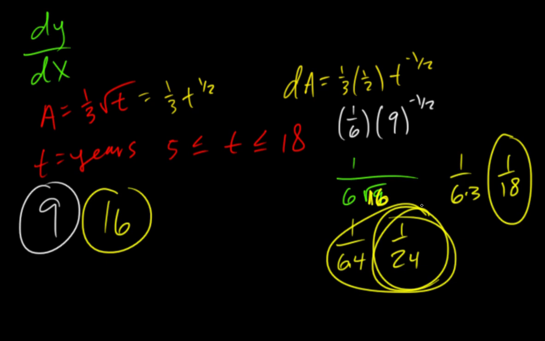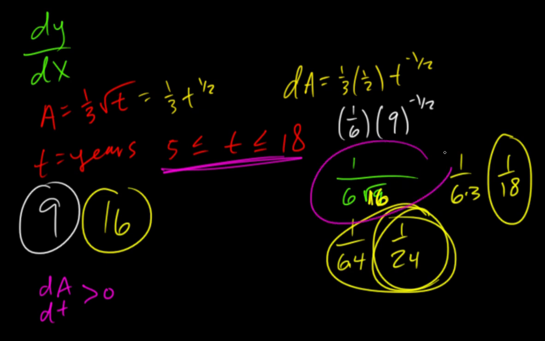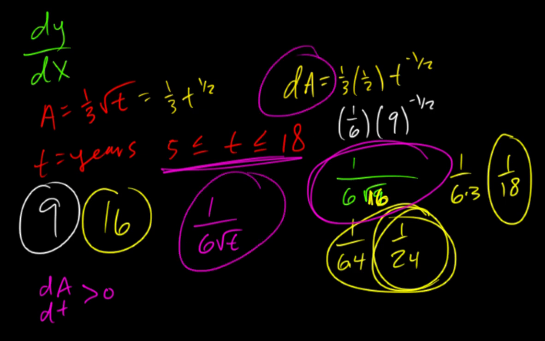Okay, part B says show that dA/dt is greater than 0 on this entire interval. So I'm going to take it from here essentially. So it's 1/6 square root of t, and we need to show, because this is our derivative, that a square root can never give us a negative number.